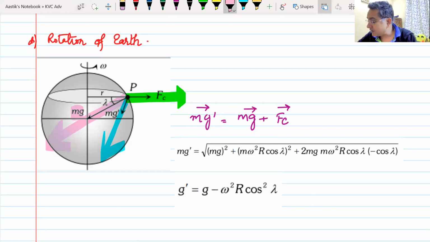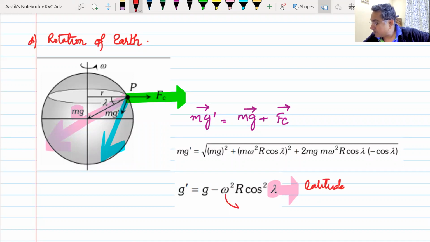What comes here is the latitude lambda, and that is why I was surprised when you told me it varies because of latitude. This lambda is the latitude at that point.